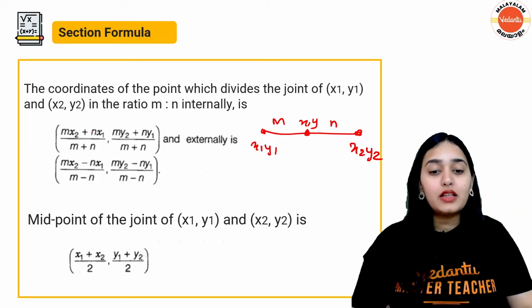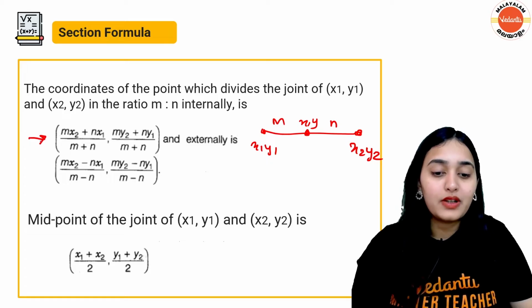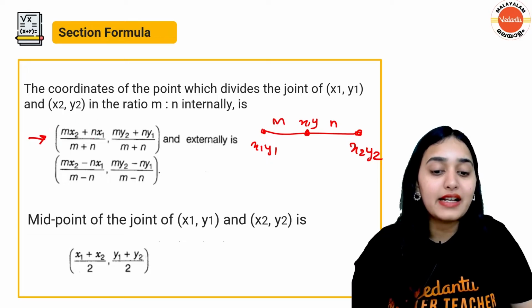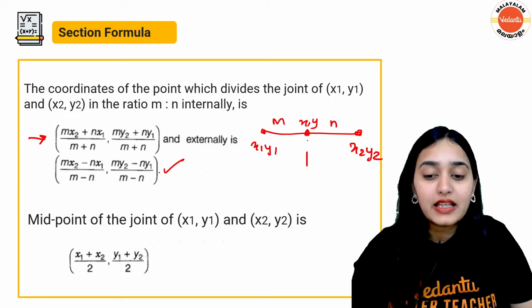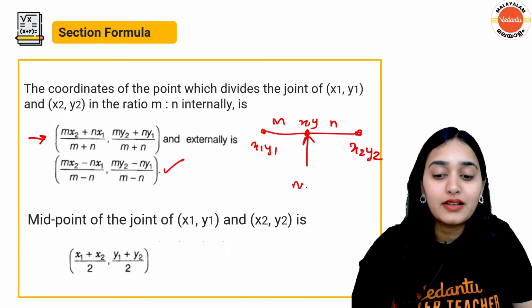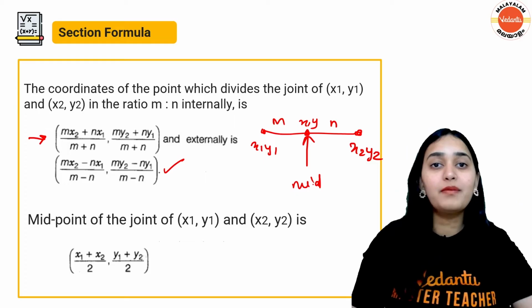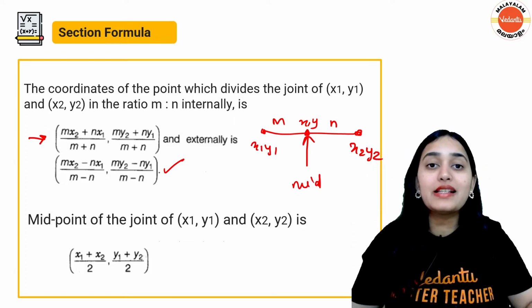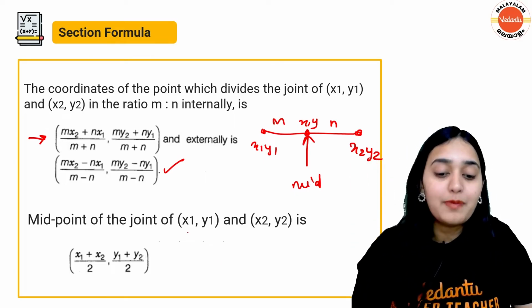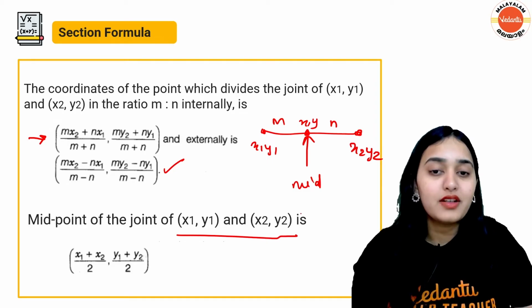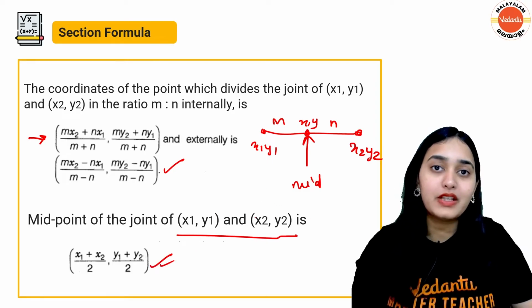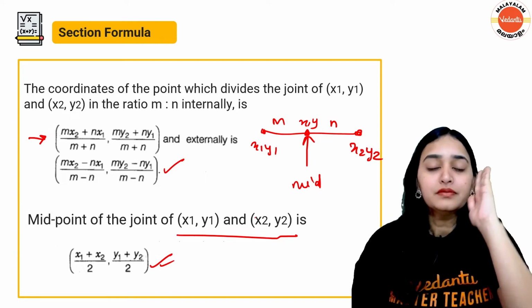Then the coordinates of that point will be this, if it divides internally, and this if it divides externally. Now suppose that this point was the midpoint, that is, the distance from this point and the distance from this point is the same. Then for the midpoint it will be (x1 plus x2) by 2, (y1 plus y2) by 2. Simple. This will be the coordinates of the midpoint.